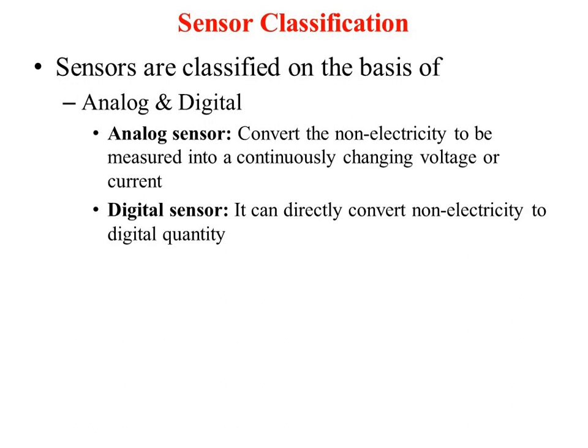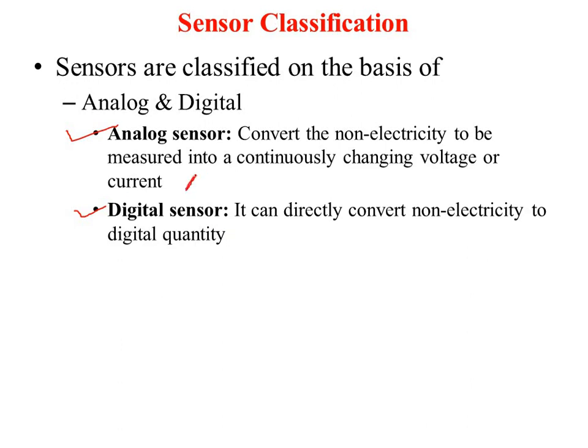That is called a digital sensor. In the case of an analog sensor, you need to process the signal with the help of signal conditioning devices. Here you can directly process the signal of the digital sensor with the help of microprocessors or microcontrollers. So this is the difference.